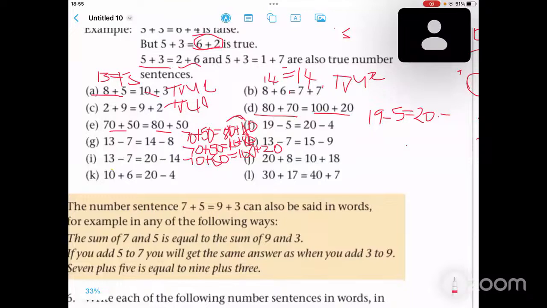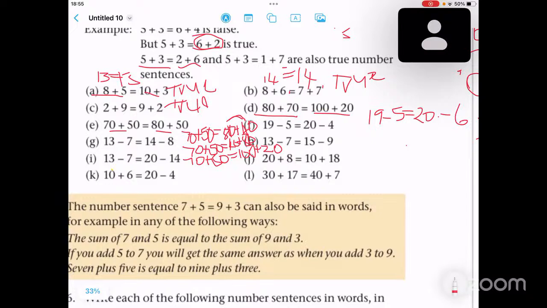I get 14. Now, how do you get to 14 when you have 20? What must you do? How much are we minusing? We're going to minus 6, okay? Because 20 minus 6 is equal to 14.